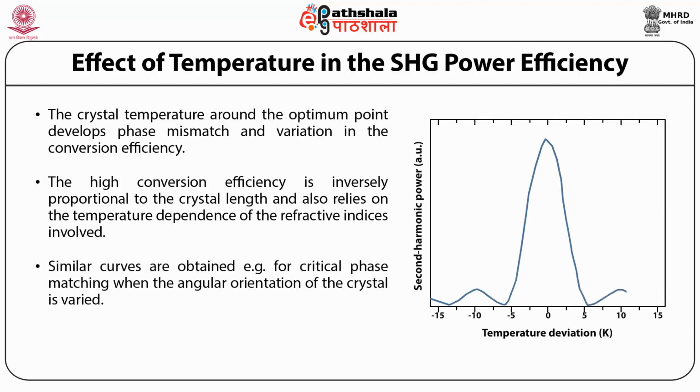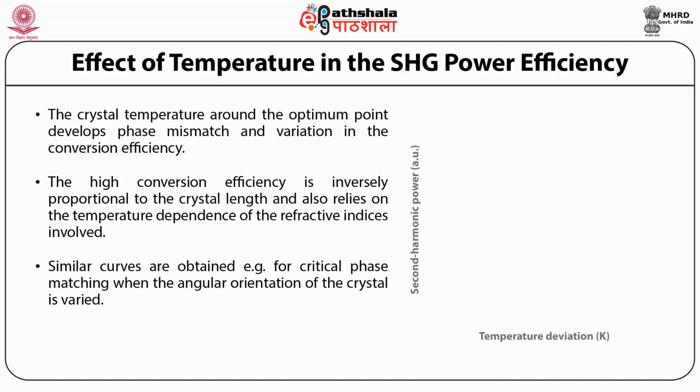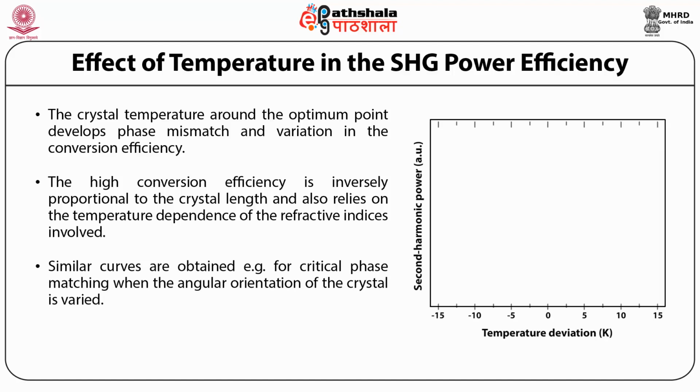Similar curves are obtained, such as for critical phase matching, when the angular orientation of the crystal is varied. The second harmonic power versus temperature deviation from the optimum point with homogeneous temperature distribution in a crystal is shown in the figure.